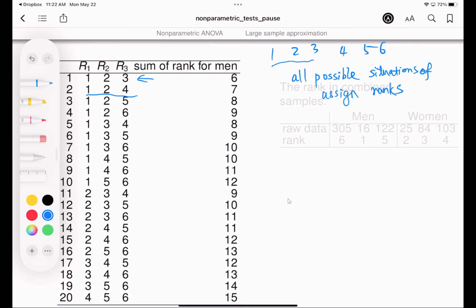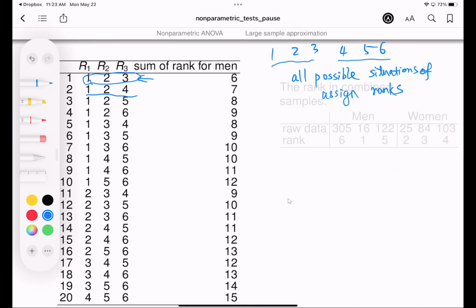We are really just picking 3 of the 6 and putting them on the men's side, and leaving the remaining 3 for the women's side. Like this one is picking 1, 2, 3 to assign to the men's values. Remember, these are all possible scenarios without looking at the data.